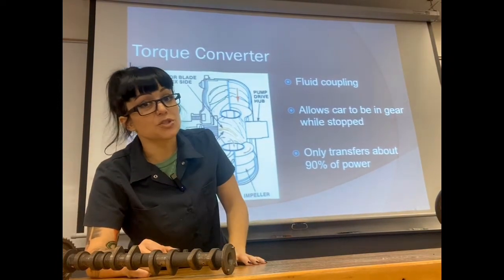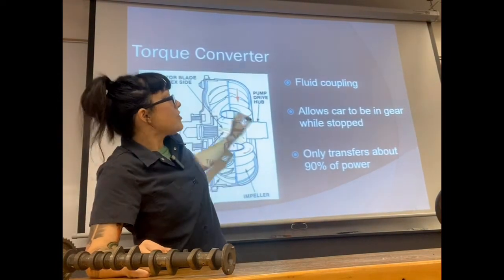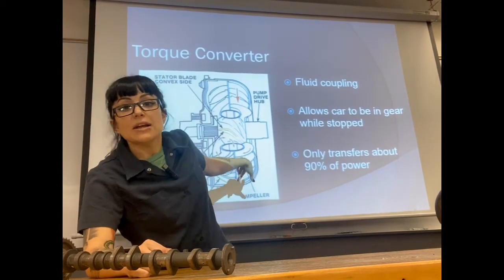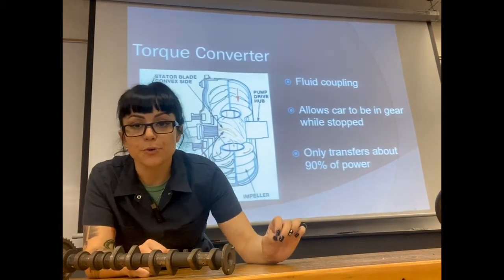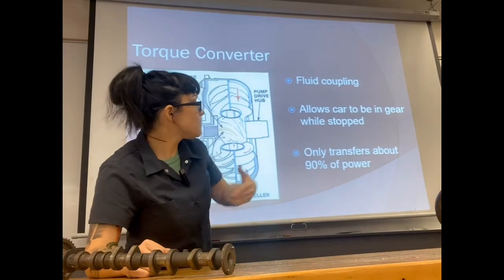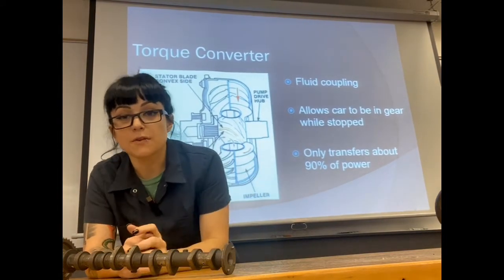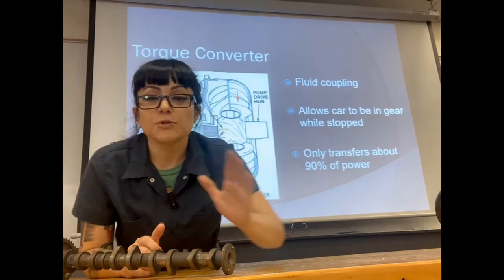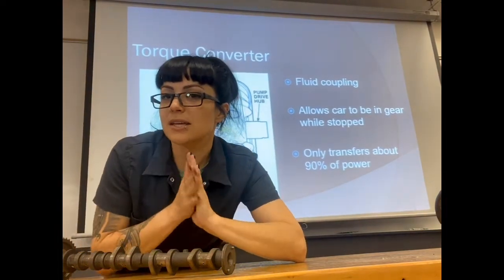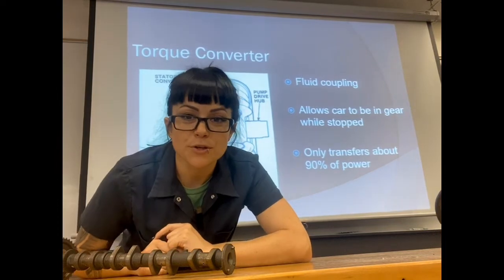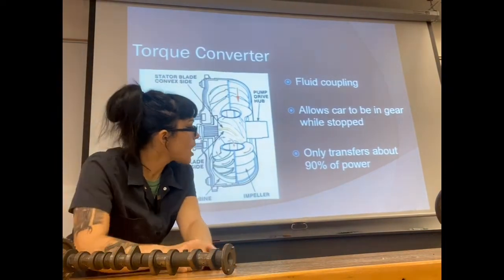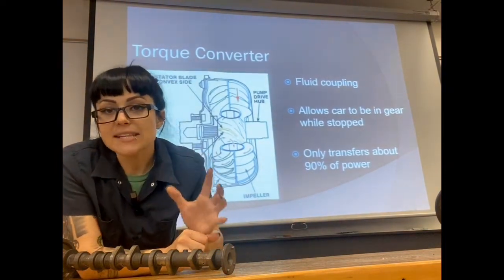In a manual transmission, you'll just stall while the engine is still running. Here's the downfall: because we're using fluid movement to transfer power, we do lose about 10% of power, so we're only transferring about 90% of power. Up till a certain point, there is a clutch that gets engaged, but again, more for a transmission class. But that's how our torque converter works.